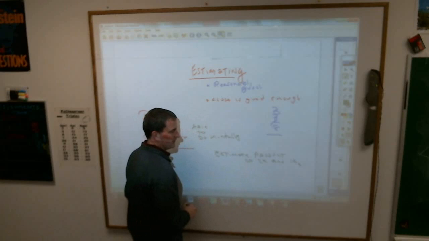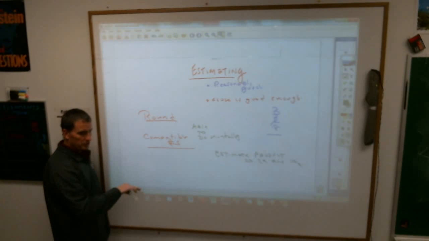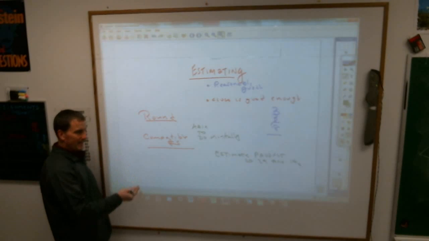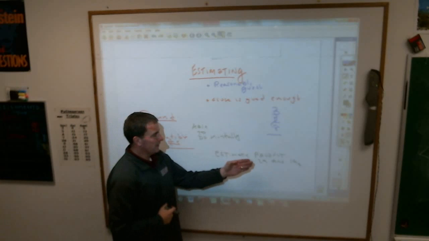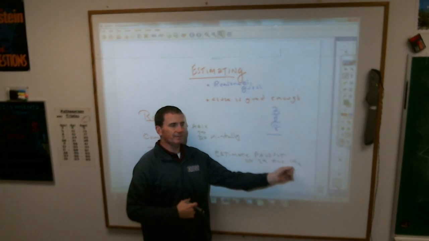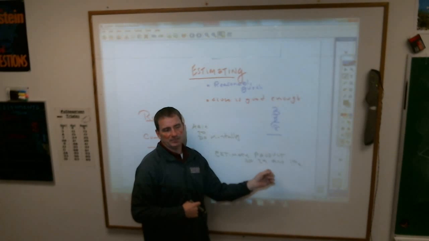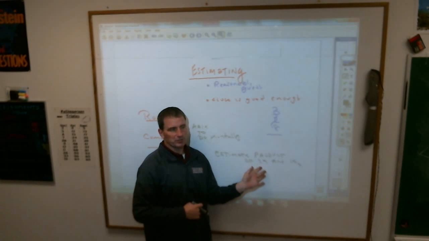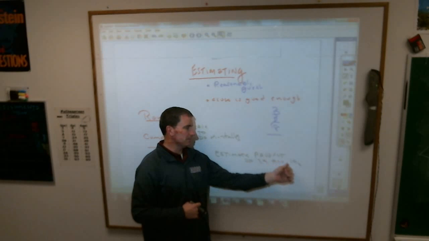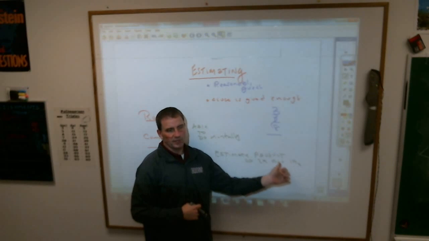Now please note, it doesn't say to do the problem and then round your answer. If you're asked to estimate, they want you to change these two numbers, and you may not be able to do it in your head, but they want to make it pretty easy to do. So estimating these two means you probably round these to what?